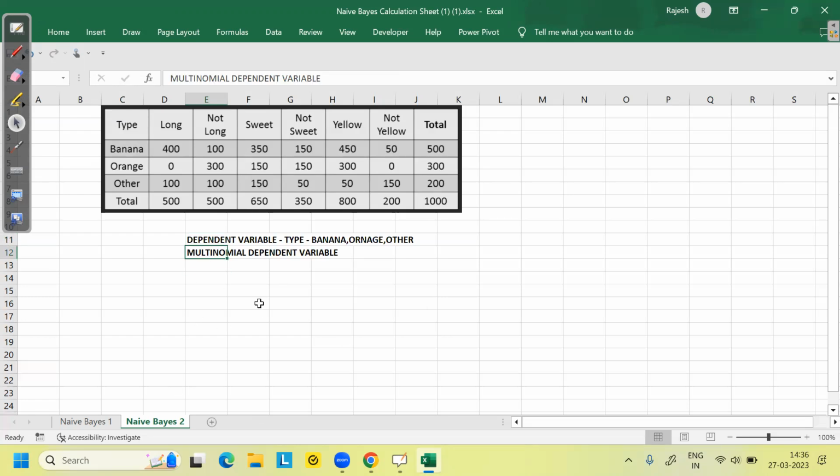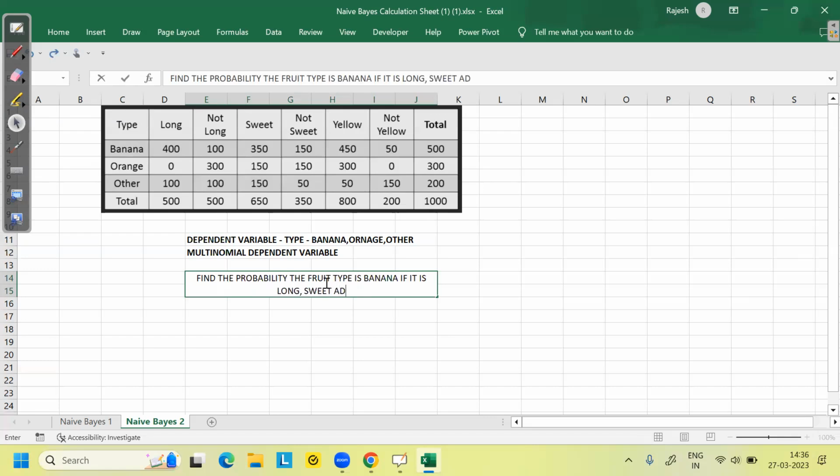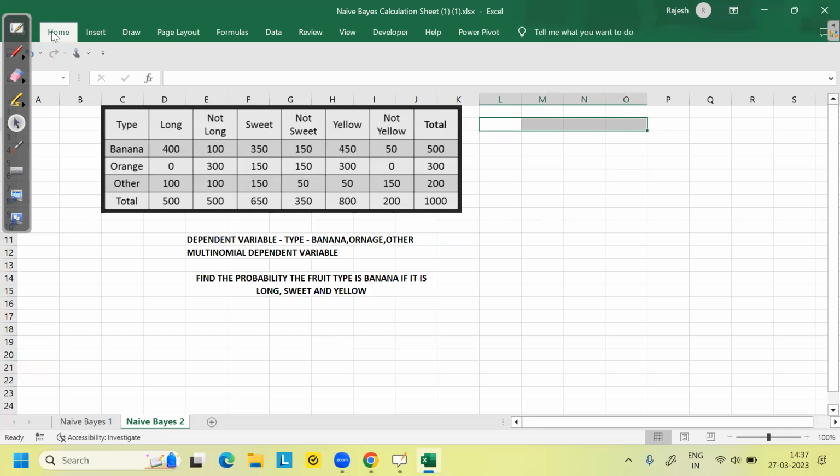So here, find the probability that the fruit type is banana, given three independent variables: long, sweet, and yellow. To answer this question, we need to calculate three probabilities.